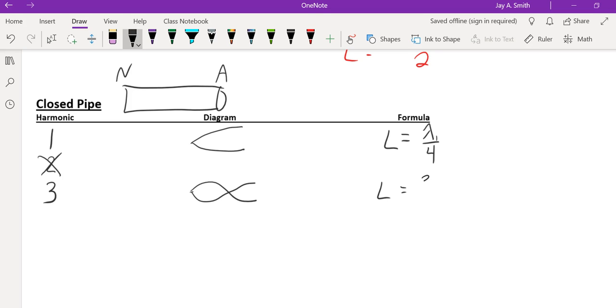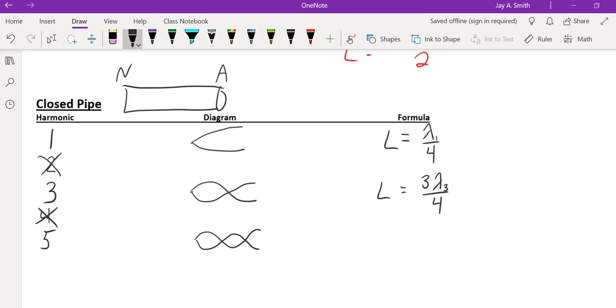So L is going to be 3 lambda 3 over 4. Okay, so it's 3/4. If you want to solve for lambda, you take the length of your pipe, you multiply by 4, you divide by 3, that gives you the wavelength. You don't get the fourth harmonic. It doesn't resonate in that pipe because you'd have to have symmetry. But we do get the fifth harmonic.